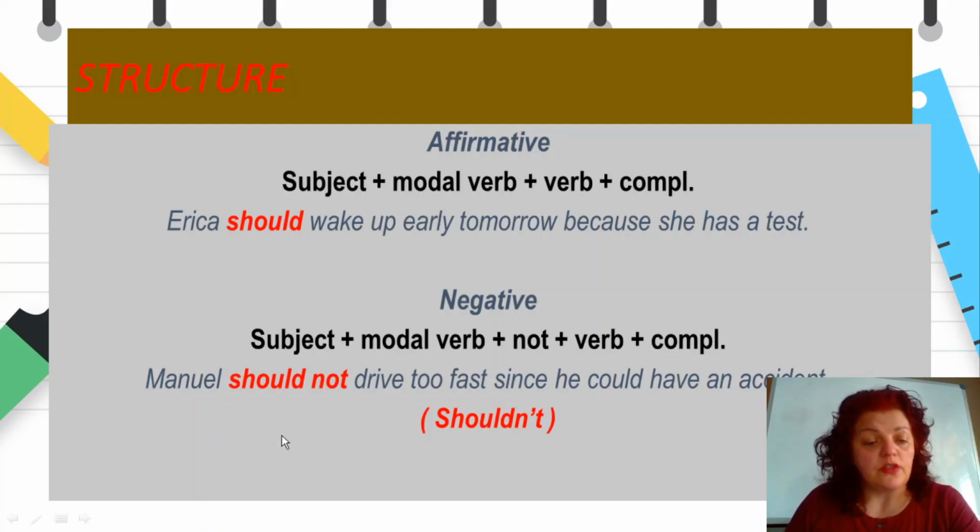The construction is also subject plus modal verb plus not plus verb. Manuel shouldn't drive too fast since he could have an accident. Or Manuel shouldn't drive so fast, he could have an accident.